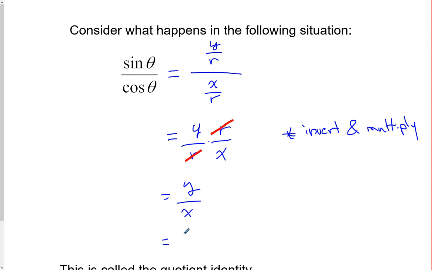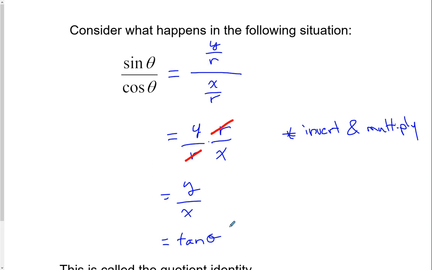That's actually our opposite side over our adjacent side. And what's opposite over adjacent? That's tangent. So it turns out, if you take the sine of some angle, and you get a decimal number, and you divide it by the cos of some angle, another decimal number, if you divide those two, you'll always get the tangent of that angle.